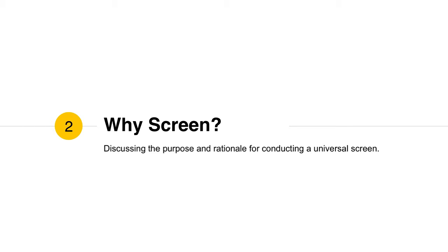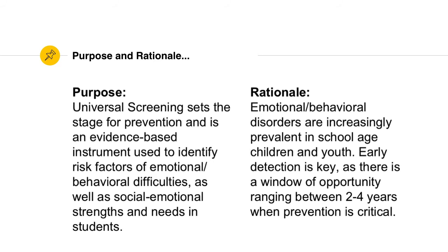Why is it important that educators participate in the universal screening process? Universal screening for behavior using an evidence-based instrument like the Student Risk Screening Scale, or SRSS for short, allows teams of educators to serve in an informed, preventative role. It arms educators with information about a student's social-emotional strengths and needs and allows us to track these over time.